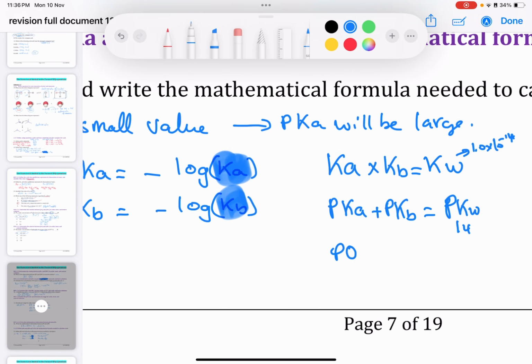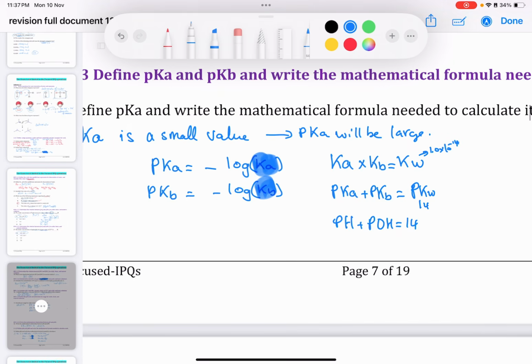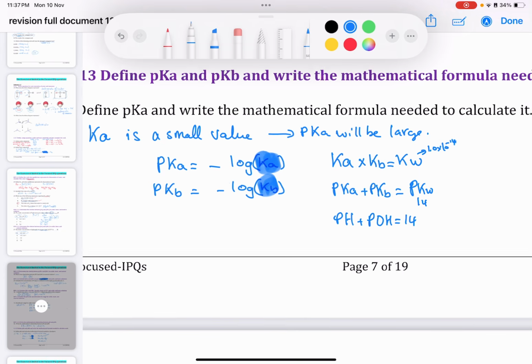Also, I have pH plus pOH, that is equal to 14. So all of these formulas are related together. So pKa measures the strength of the acid, and it will show me how easily the acid donates its proton. So again, if Ka is a large value, it means I have a weak acid. If Ka is a very small value, it means I have a strong acid.